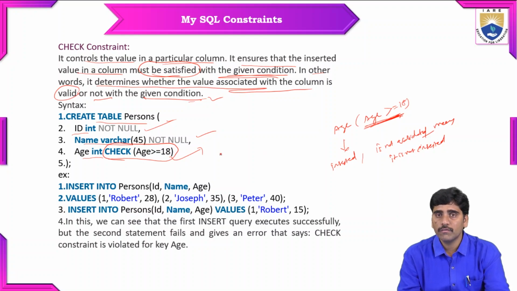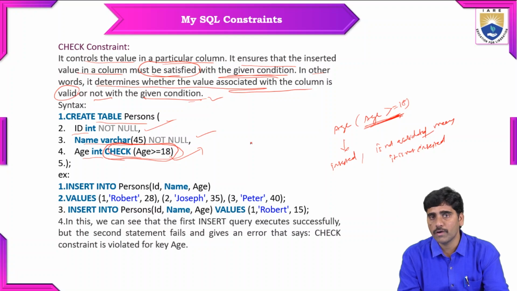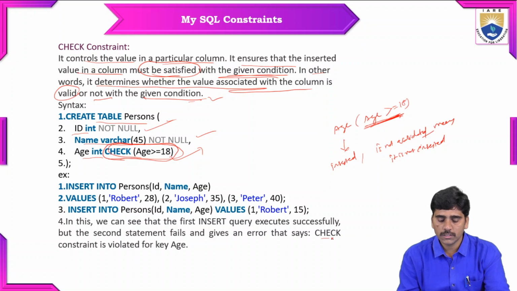Whenever we try to insert values, the value is validated by this condition. If it is validated, the value is inserted. If not, it is not inserted, and it shows an error like check constraint is violated for key age.